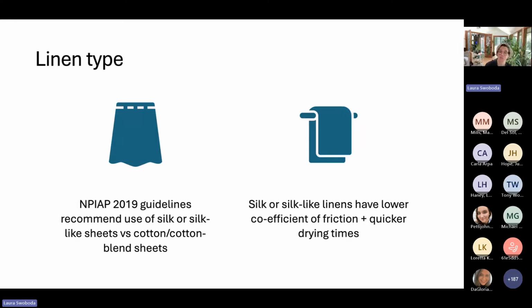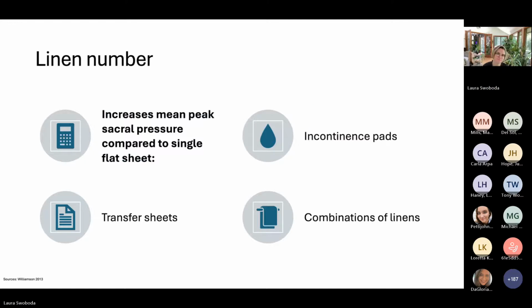It's actually supposed to be good for your hair because that reduced coefficient of friction isn't causing the breakages, the split ends, making hair appear healthier, and then quicker drying time. So you're not getting that disrupted microbiome contributing to acne, dermatitis, those types of things. And so for similar reasons, they're more effective linen type in the hospital setting.